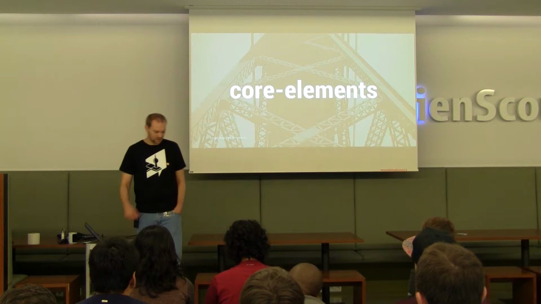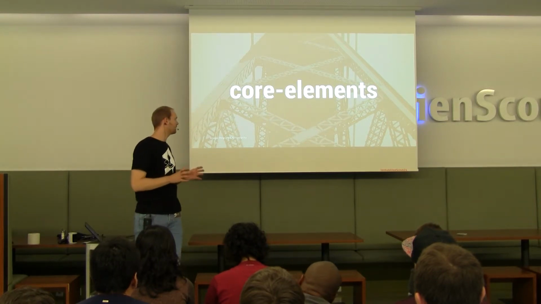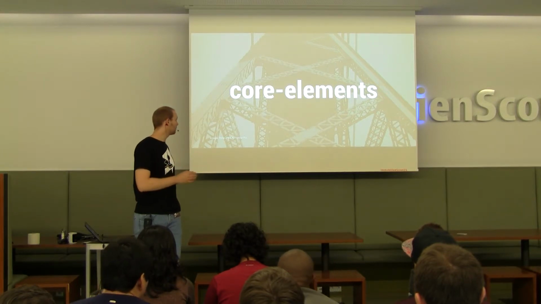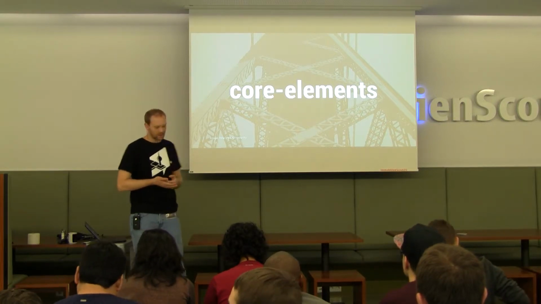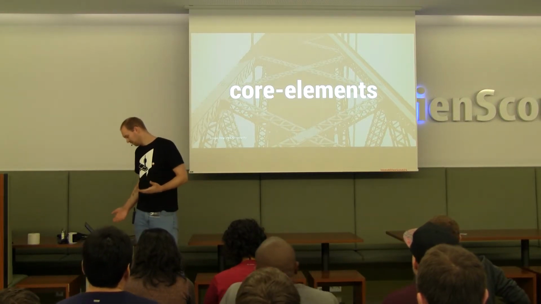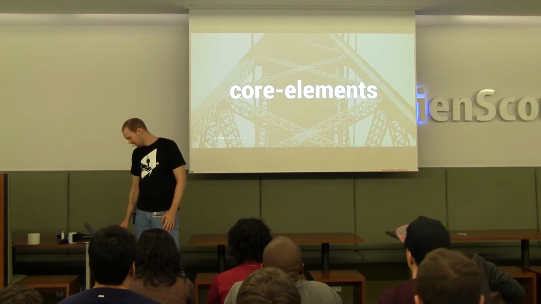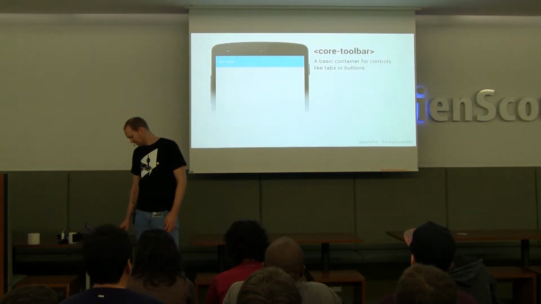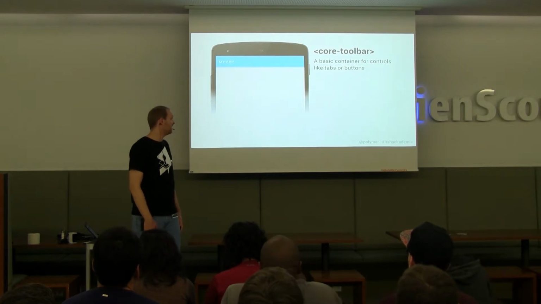At this point I would like to show you the two types of elements in Polymer. We have the core elements, which are very important for every web app. Here is an example of a toolbar, which I think every web app needs.